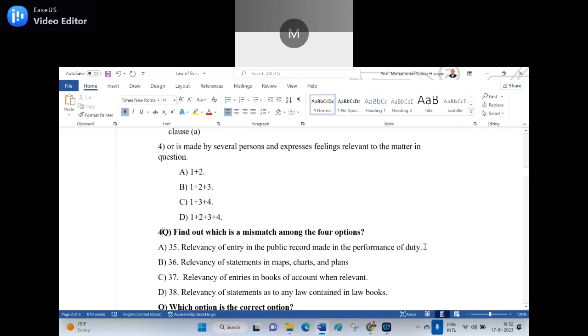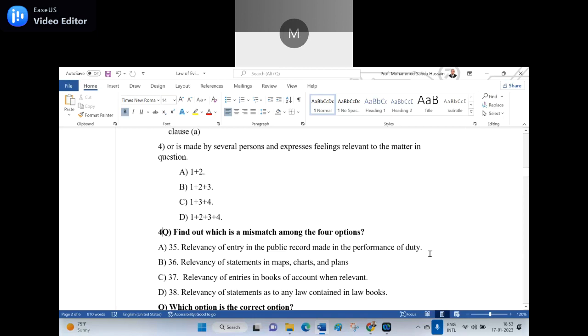Option C. Section 37. Relevancy of entries in books of account when relevant. Option D. Section 38. Relevancy of statement as to any law contained in law books. Which is the mismatch among A, B, C, D? C, sir. Section 37. C is the mismatch. Why is C the mismatch? Can you tell me?